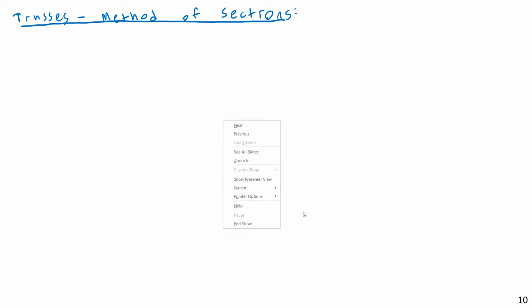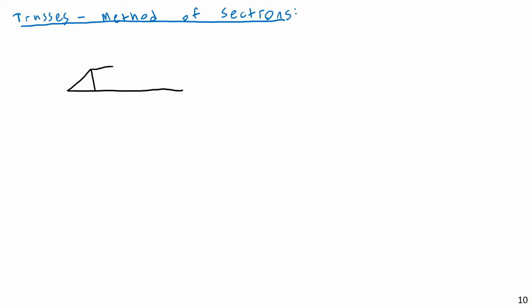So let us say we have a truss of some form, and look at what kind of forces are going to be in it. So let's consider just a basic truss, all of the members, of course, being straight, having all the loads applied only at the joints, and all of the joints being pin joints.